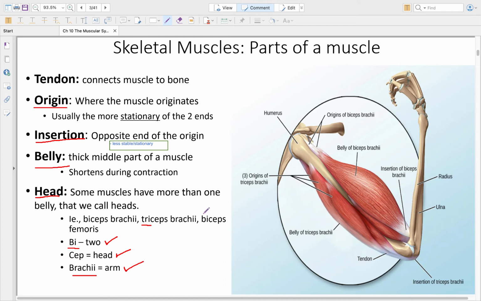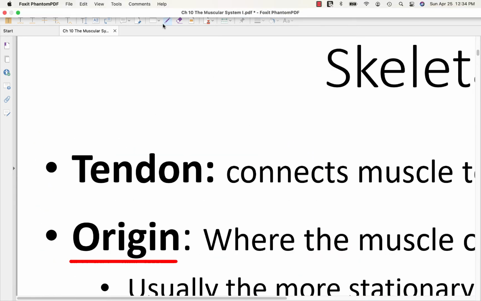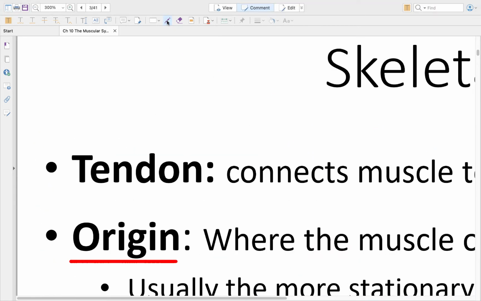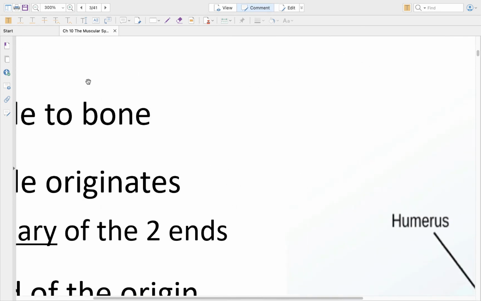The bicep brachii is the perfect example to utilize in this situation, because if you look very close here, this is called the bicep brachii for a reason.